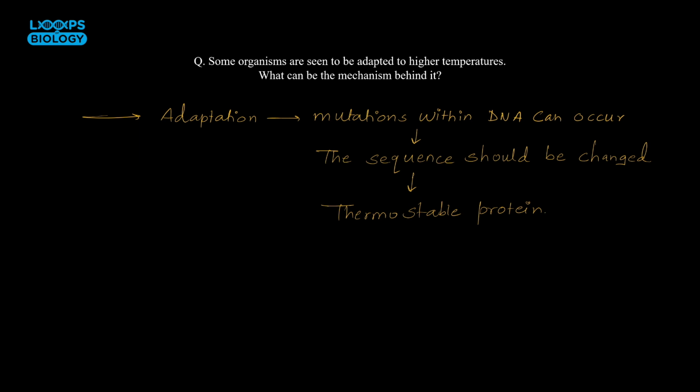Whenever I'm talking about thermostable protein, that means the protein can withstand higher temperature as well. So the organisms which are staying at a higher temperature are making thermostable protein and they are protecting their cell membrane by allowing this protein to cover them up.